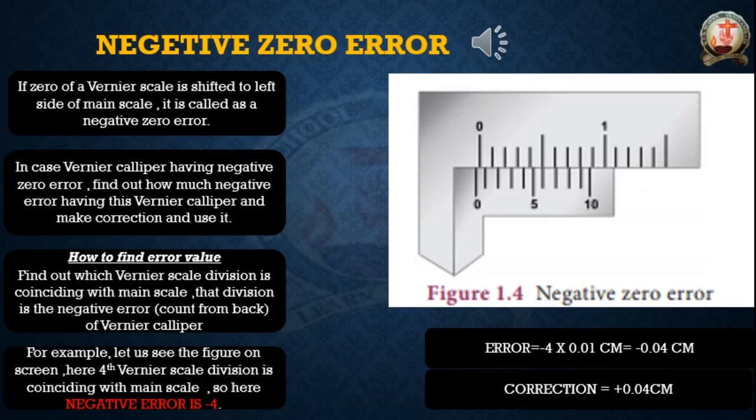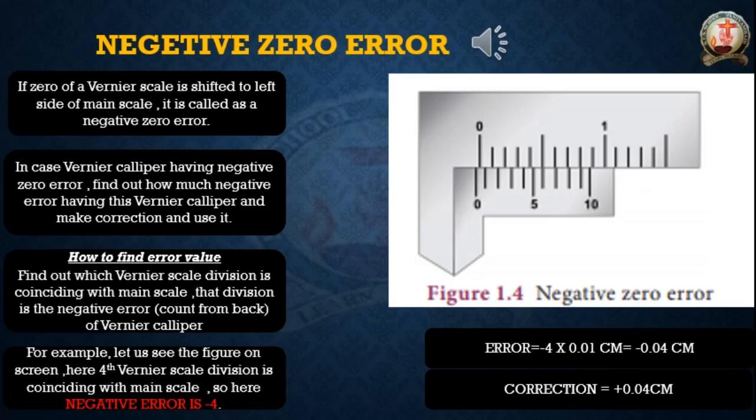Whenever you keep the upper two jaws and lower two jaws of the vernier scale in the initial position, and the zero reading on the vernier scale is shifted to the left side of the main scale zero, it is called a negative zero error.